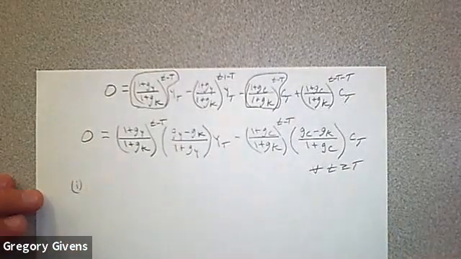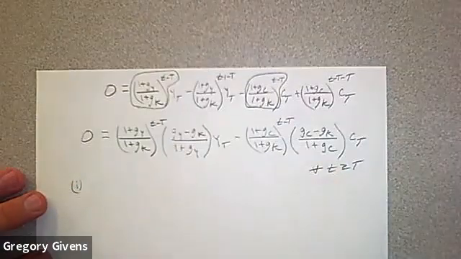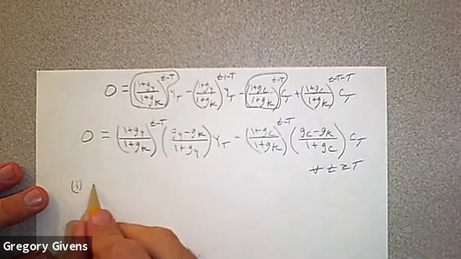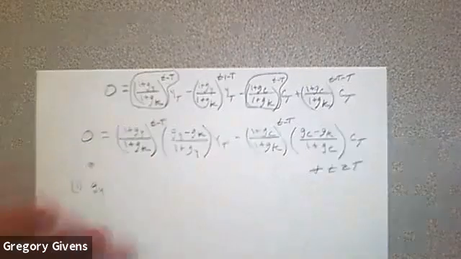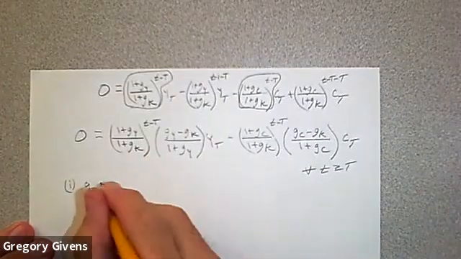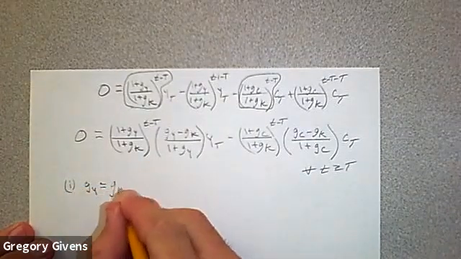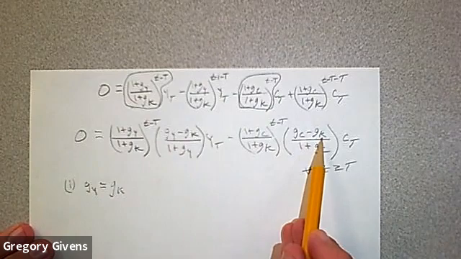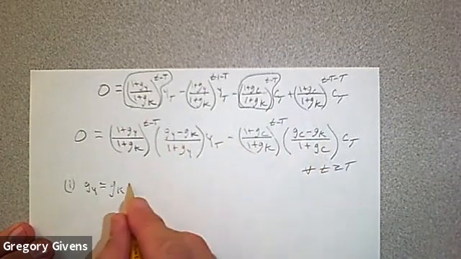Case 1. The only way for this equation to be equal to 0 would be for gy to be equal to gk, right? If gy was equal to gk, that's equal to 0. And if gy is equal to gk, it's also equal to gc.